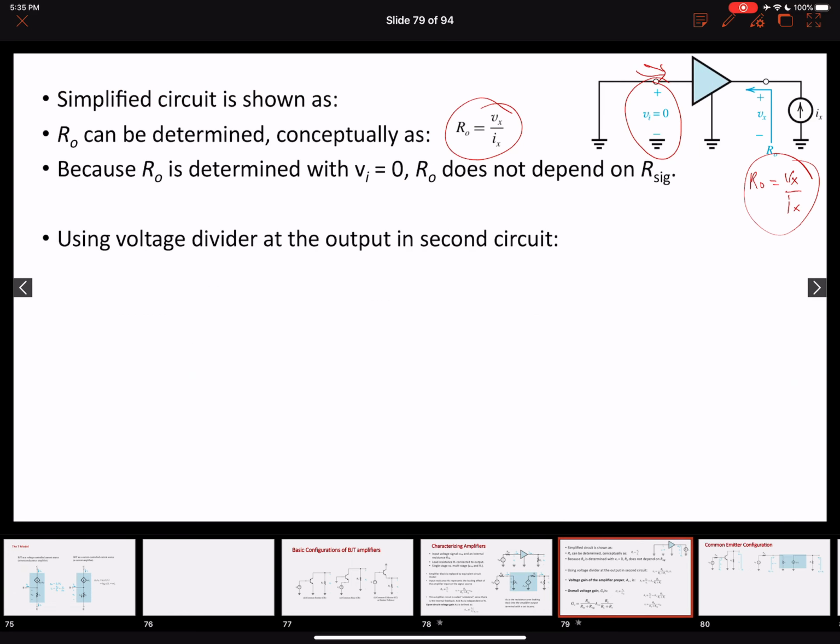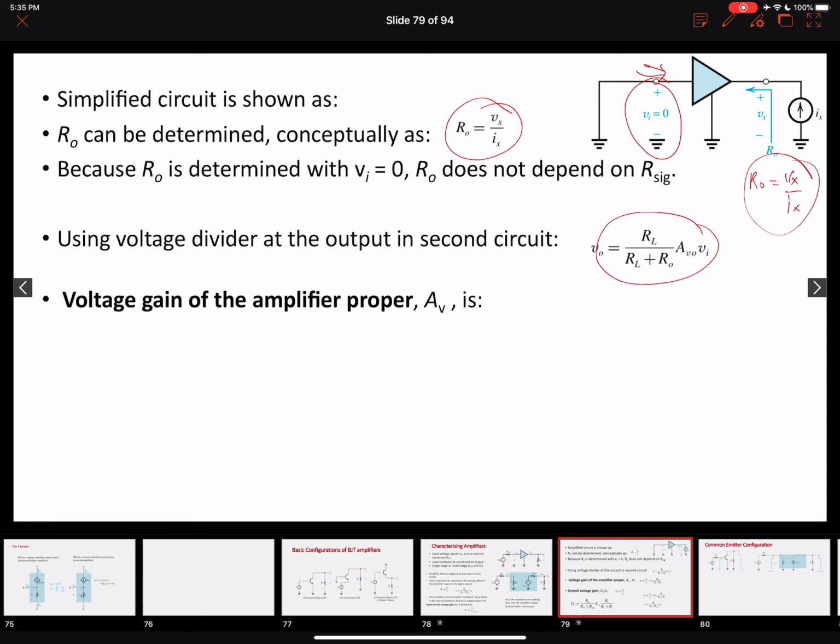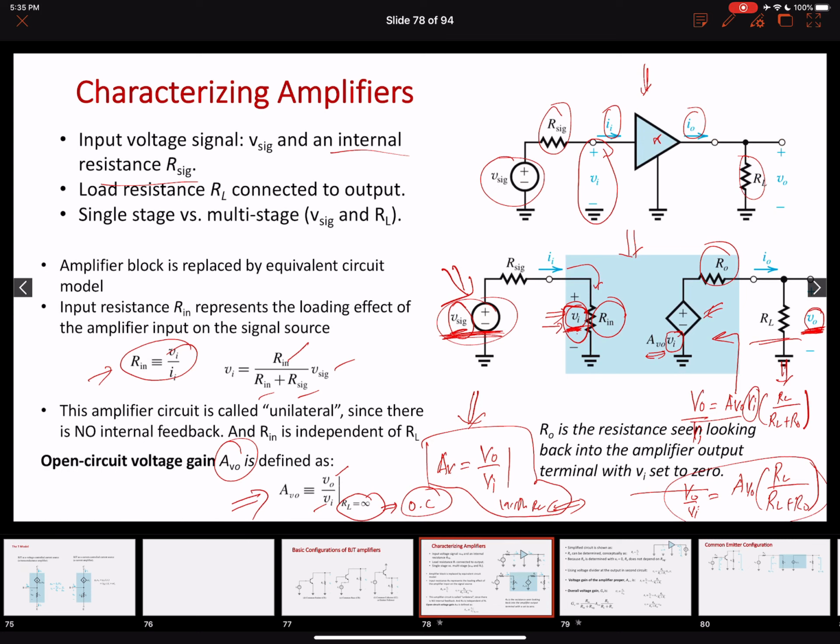All right, so this is the voltage value that we ended up finding. If you take this ratio V naught over Vi, the voltage gain of an amplifier can be rewritten as this. Similarly, we can find another value, which is the overall voltage gain. By now, we have determined the open circuit voltage gain, Av naught, and Av, the voltage gain when load resistance is connected.